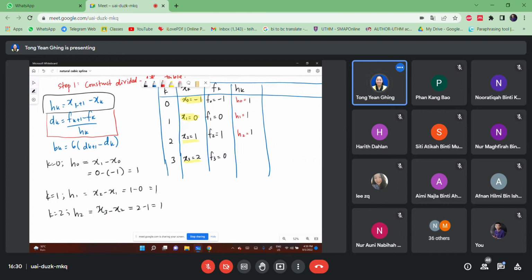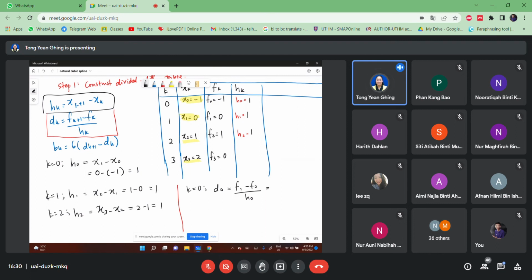So I write over here. For k equal to 0, D0 is equal to F1 minus F0 divided by H0, using this formula.